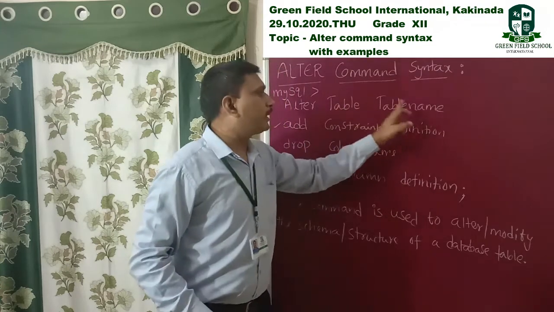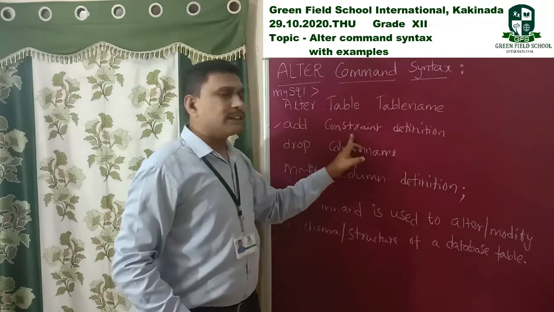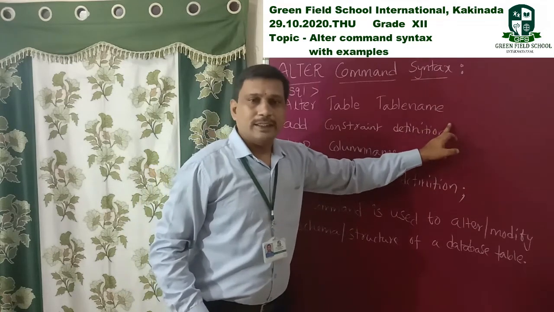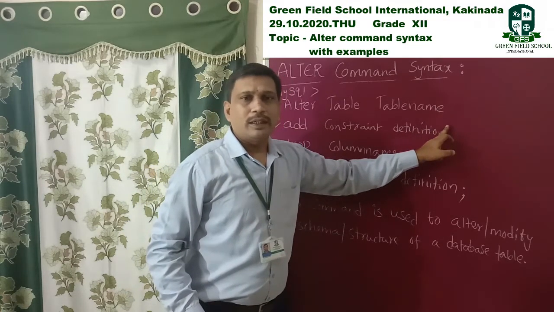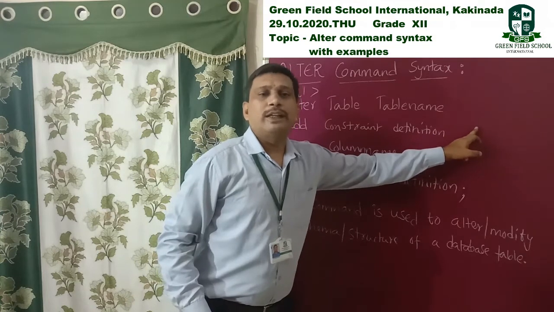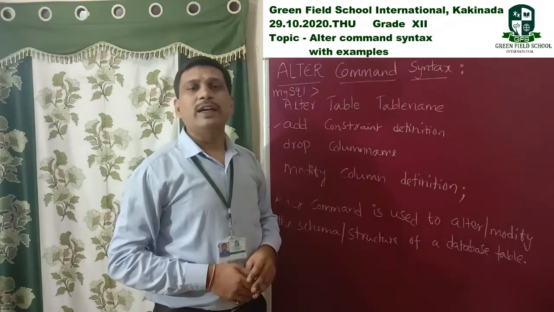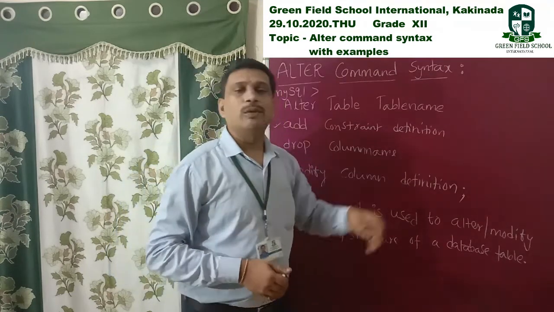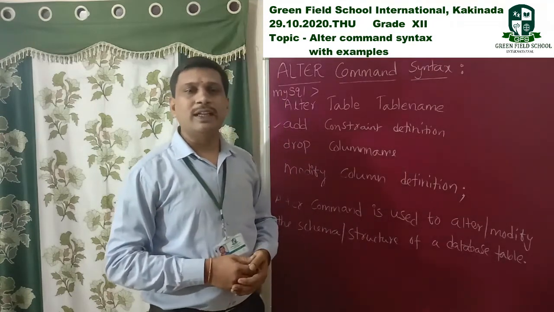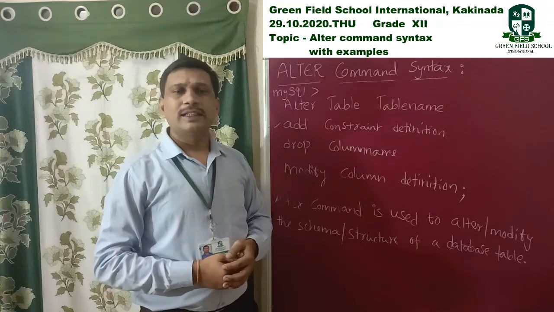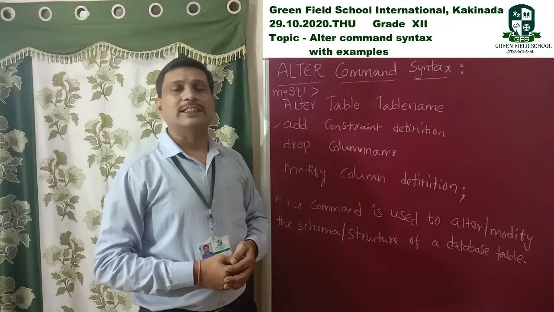So alter table name, add constraint name, constraint type, and we specify the corresponding constraint with a semicolon. This is the syntax to add one more constraint after creating the database structure.